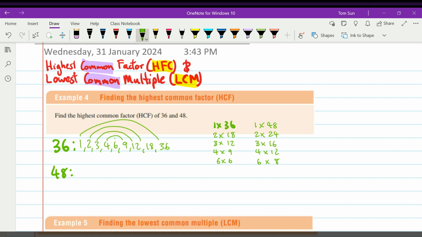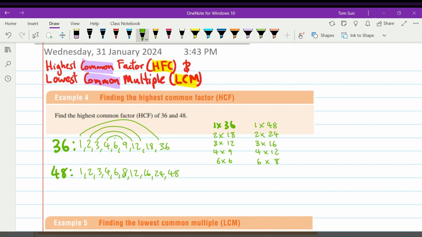Once again, we write this in ascending order. So 1, 2, 3, 4, 6, 8, 12, 16, 24, and 48.